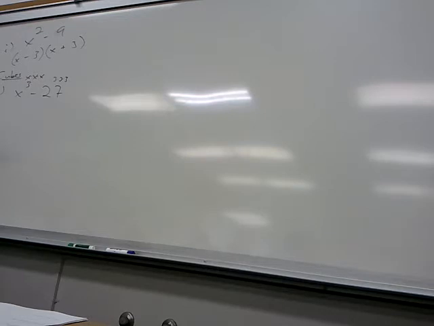Like 1 cubed is 1, 2 cubed is 8, 3 cubed is 27. You have to be able to identify that number. 64 is what? Break it up into 3 parts. I know it's 8 times 8, that's great. But what's 64 as 3 numbers? 4, 4, 4. 125 is 5 times 5 times 5. Those kinds of things you have to start to notice and put in your memory. And that's how you break them up.